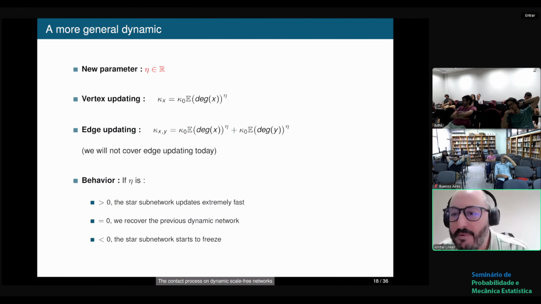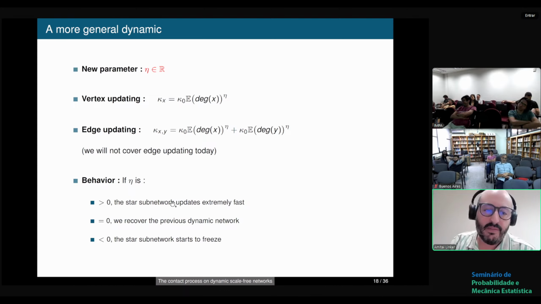Now, how is the behavior of the network in this case? If eta is positive, then the star subnetwork updates extremely fast. Remember that there is a subnetwork of stars in which the contact process is surviving. Because the expected degree of these stars is extremely large, if eta is larger than 0, the vertex updating rate, which is the large expected degree raised to something positive, is huge.